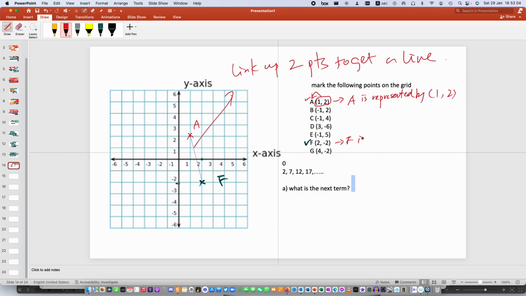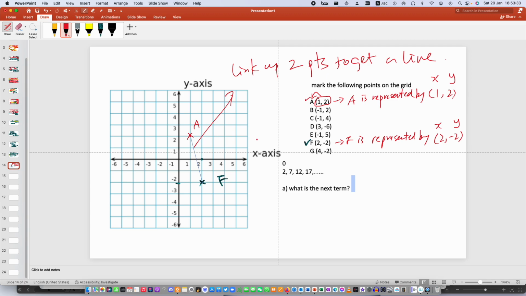F is represented by 2, minus 2. This is your x coordinate, this is your y coordinate. Are you clear? So far so good. Everything on this Cartesian coordinate is represented by something. You in this world are represented by your name. If not, nobody knows who you are, right?